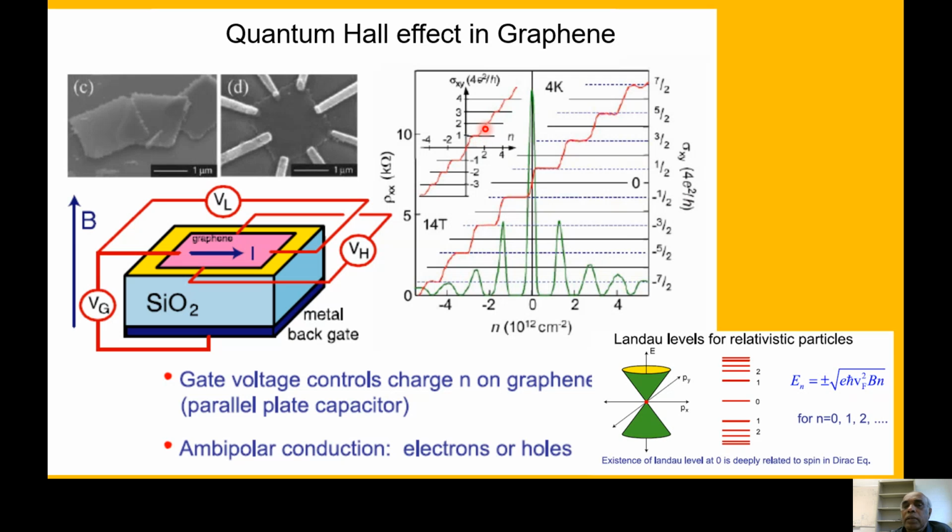Still you have the additional effect coming from the pseudo spin in addition to the spin, but you don't see the plus half term. You get only the n terms here. So this is coming from the bilayer graphene, while this is standard monolayer graphene. This is a very interesting and very distinct property of quantum transport in graphene.